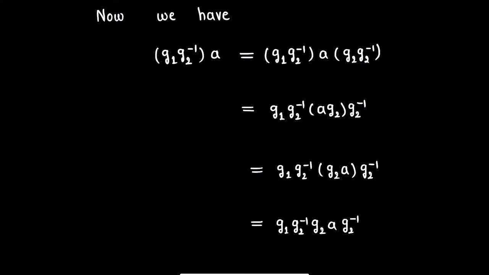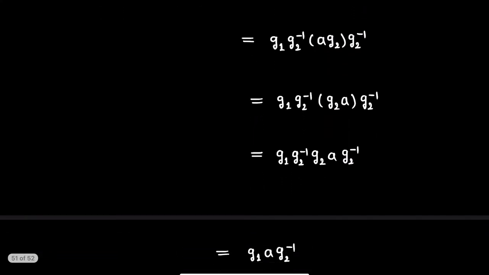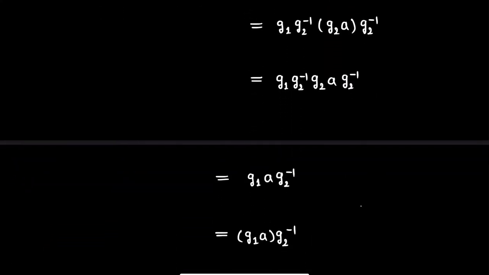Now, as g2 is a member of the normalizer of a, g2 commutes with a, so this can be written as g2 a and the remaining terms as they are. Again, g2 inverse g2 will be an identity element. So, we get this step.